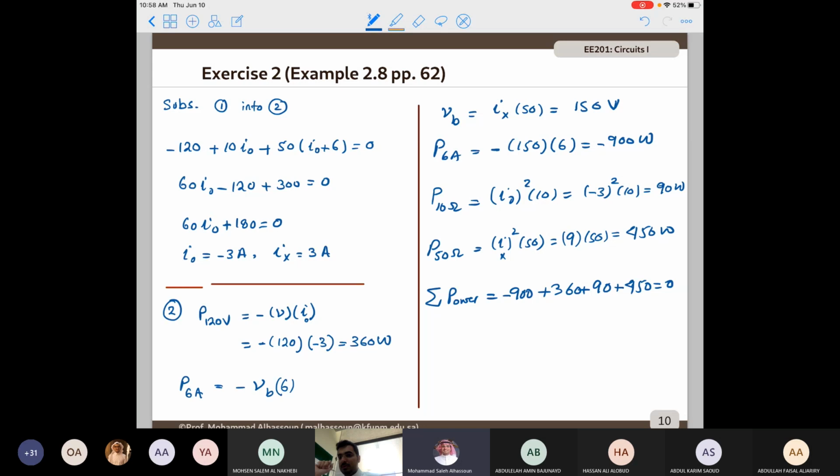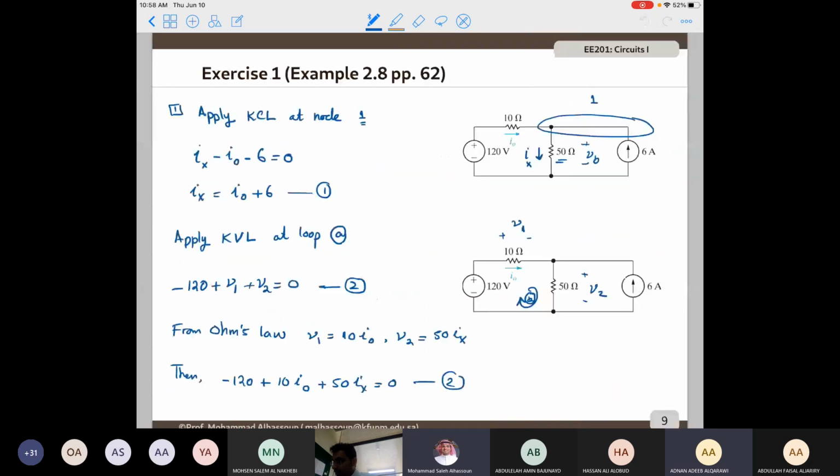Adnan, question? Yes. For part 2, why did we put minus? Is it because we're moving from the lower? Which one? The 120 volts? Yes. Okay. For the 120 volts, remember, according to the passive sign convention, if the current is entering the element from the low potential, we have to have a negative sign.